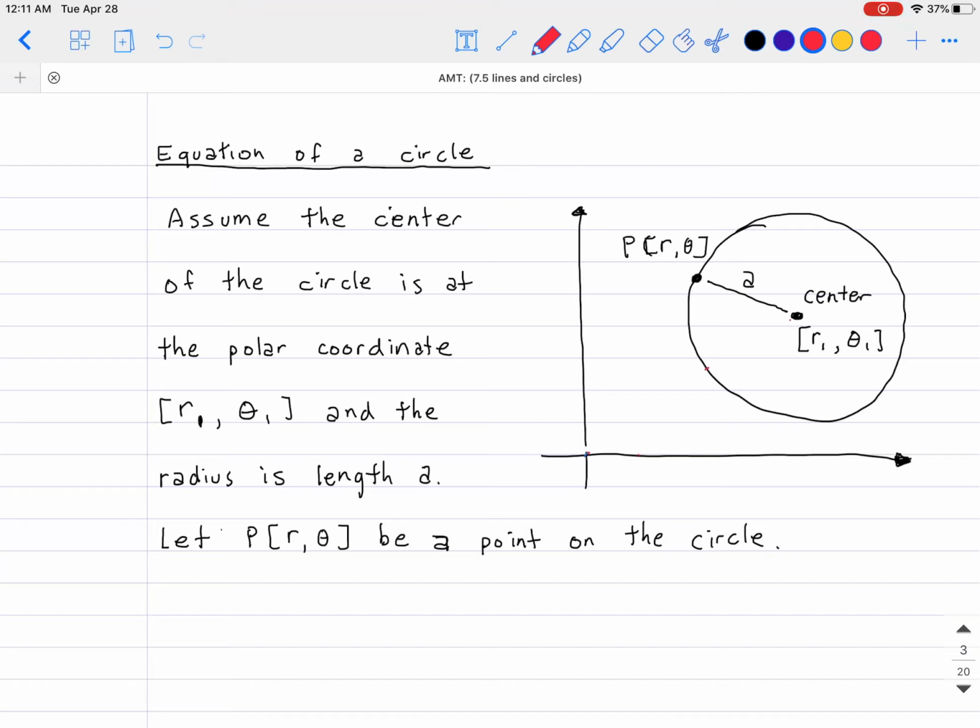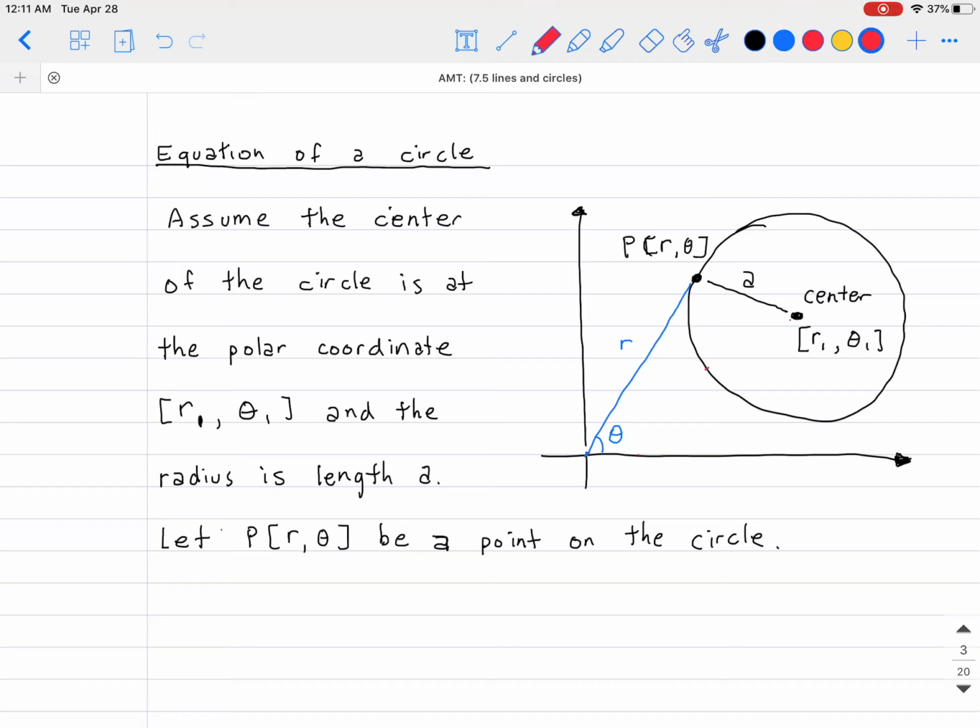So let's go ahead and start by drawing a little bit more here, so you can see how to relate everything then. So we're going to go ahead and draw this line right here from the pole all the way to that variable point. The value of r is supposed to be over here, the length of that segment, and theta is going to be the angle of rotation, so that is going to be located right there.